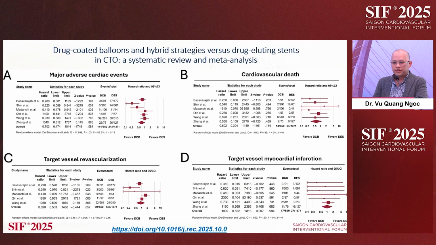For the CTO lesion, where data was previously quite limited, in 2025 we have DCB versus hybrid strategy versus drug-eluting stent in CTO patients, in a quite large systematic review and meta-analysis.